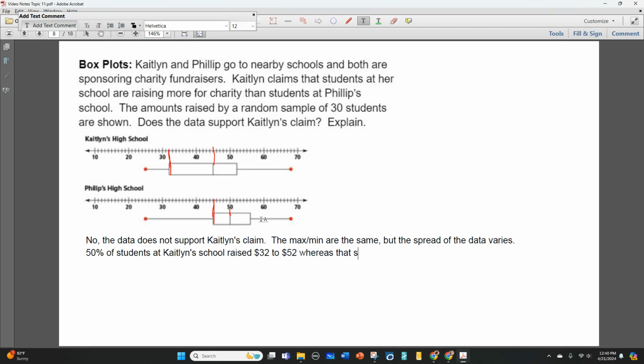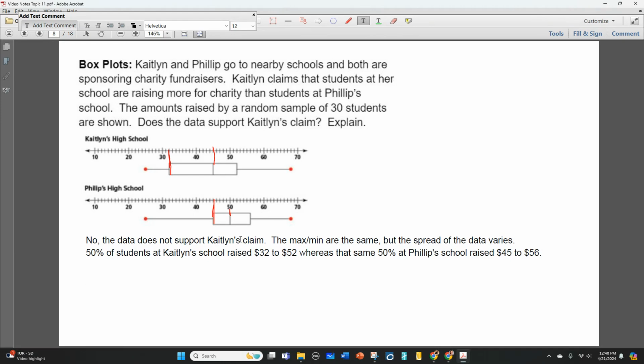Whereas that same 50% at Philip's school raised between 45 and 56. Okay, so they raised a bunch more money at Philip's school.